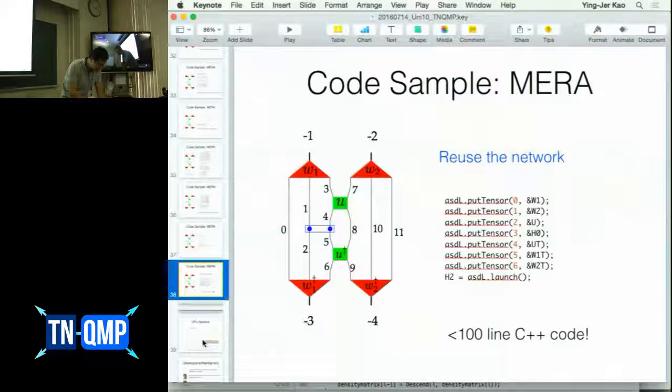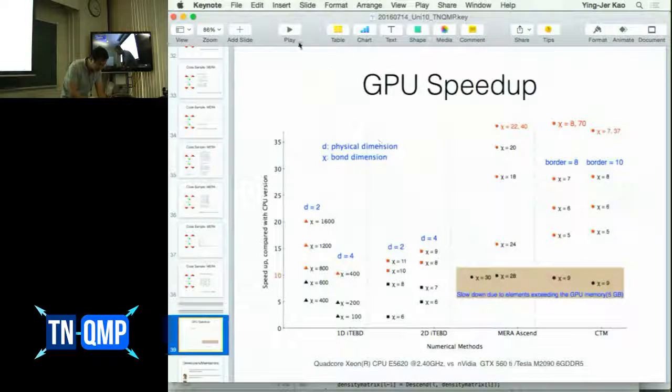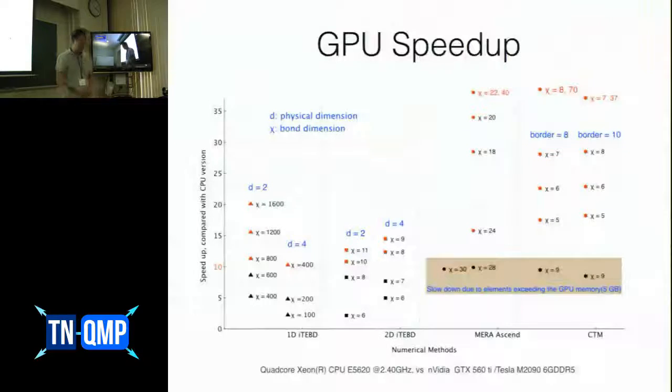Since we don't have much access to supercomputers that often, we try to accelerate using GPUs, graphics cards. This is the old data, so I didn't update it. It depends on the cases. We didn't really optimize the GPU.